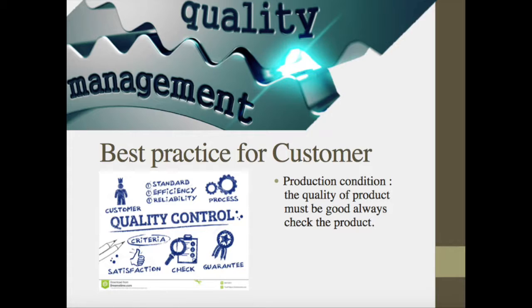The company must fix a high quality standard for its product and see that the product is manufactured exactly as per this quality standard. It must try to make zero defect products.